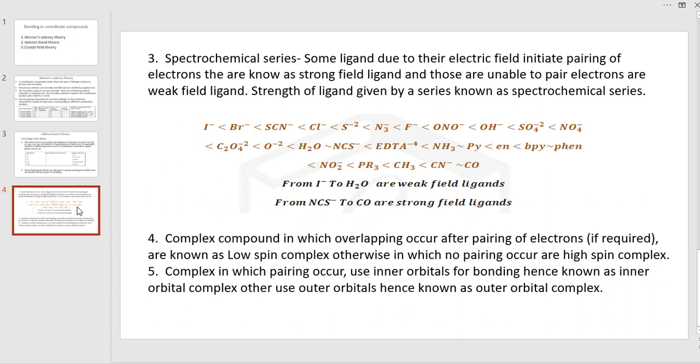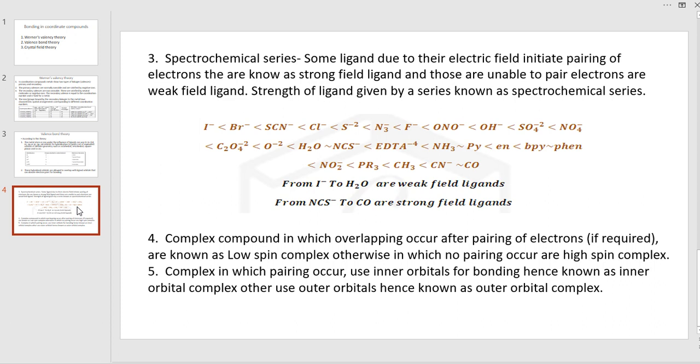Required for the ligand's electrons. I will discuss this with an example also, right? So strong field ligands cause pairing with great effect. Weak field ligands generally cannot cause pairing, we can say.